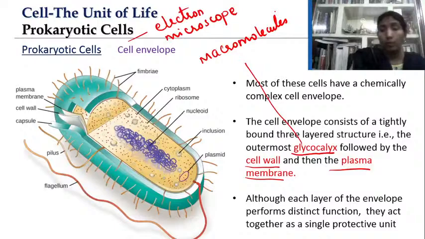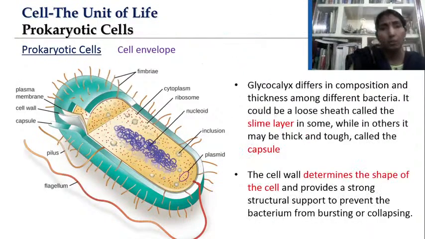We'll see what their functions are. All these envelopes together are meant for protection. When I see it in the electron microscope, it's not just a single layer; I appreciate 3 layers, a glycocalyx, a cell wall, and then a cell membrane, all 3 forming a single protective unit.